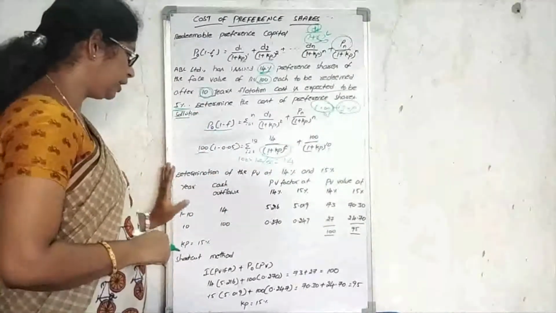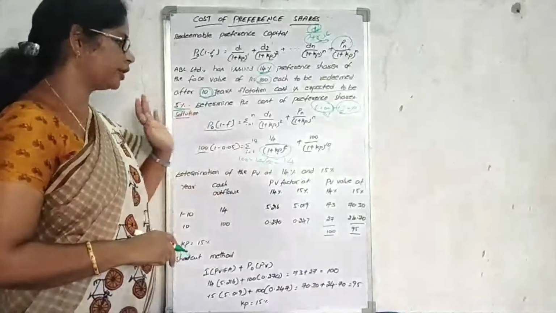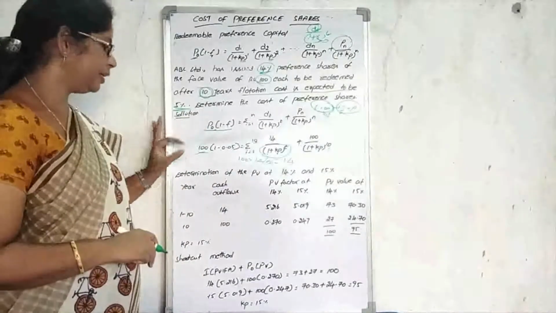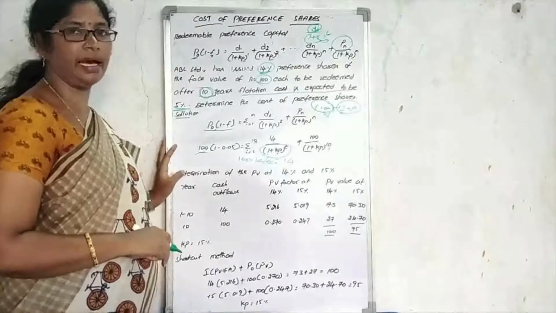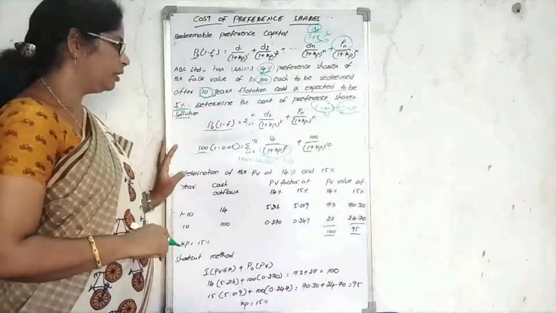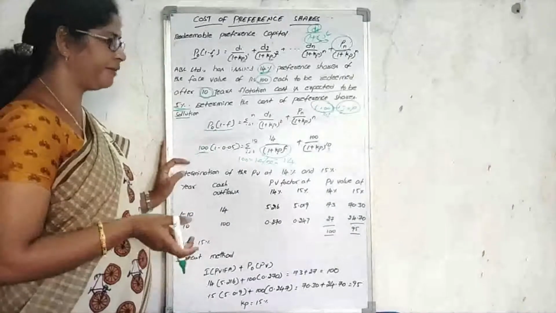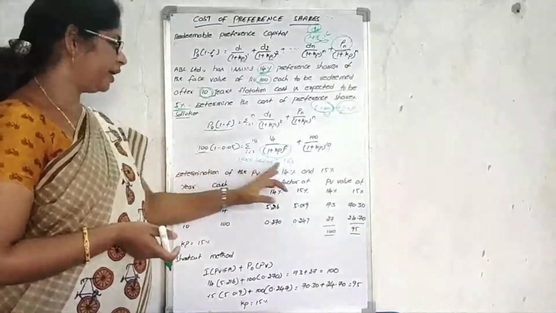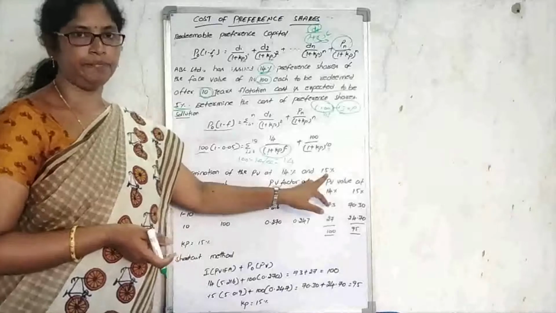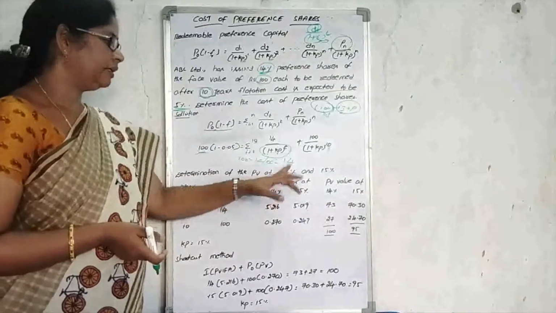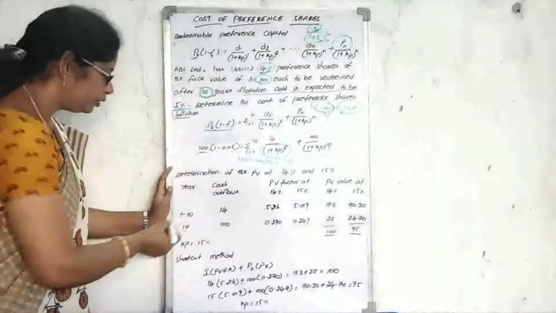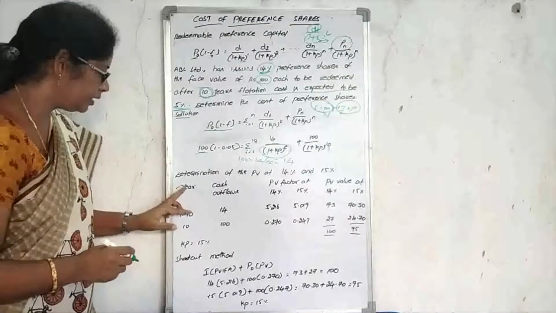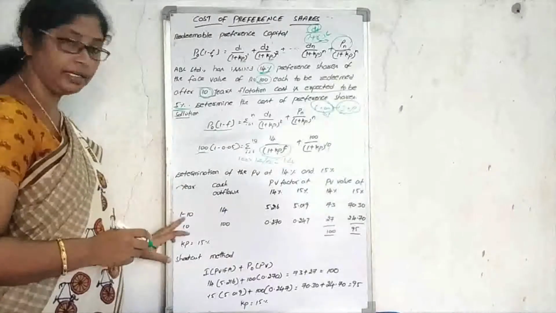So, determination of present value at 14% and 15%. Here I am going to implement a trial and error method, like IRR, internal rate of return. According to my expectation, the value will be reached between 14 and 15%. So I have taken the values 14% and 15%. Coming to implementation, how many years are there? 10 years.